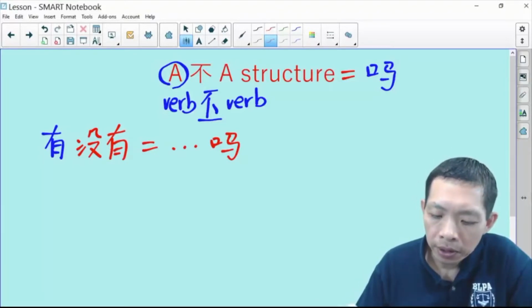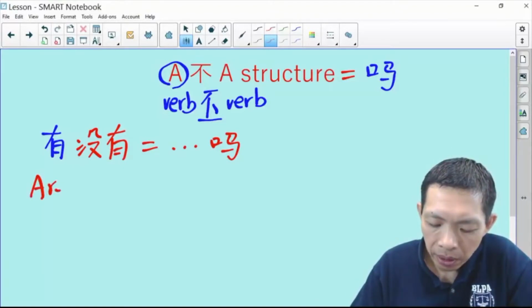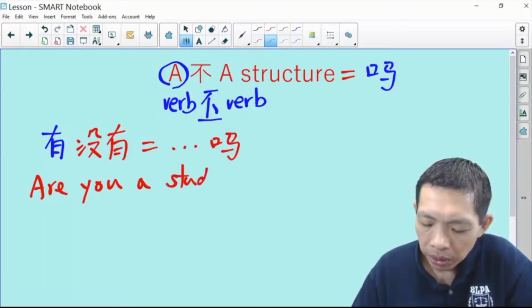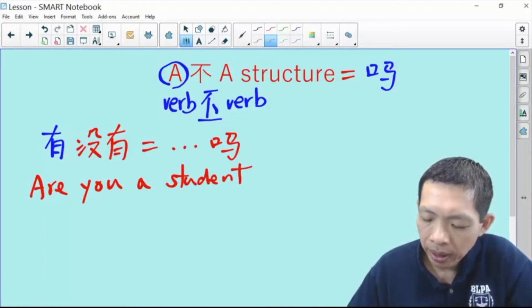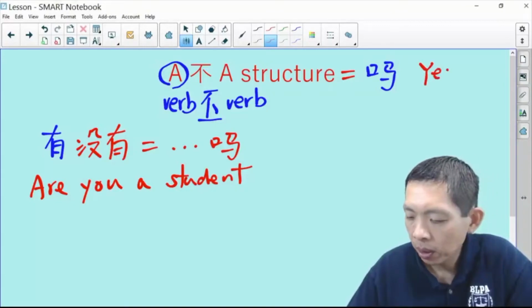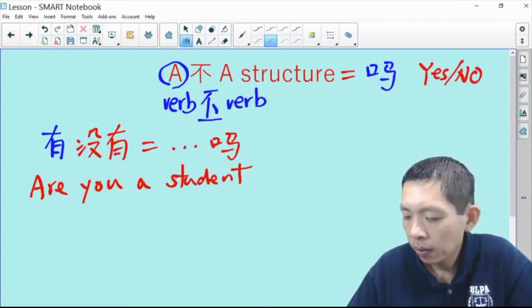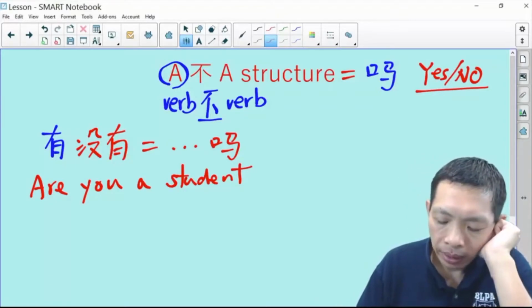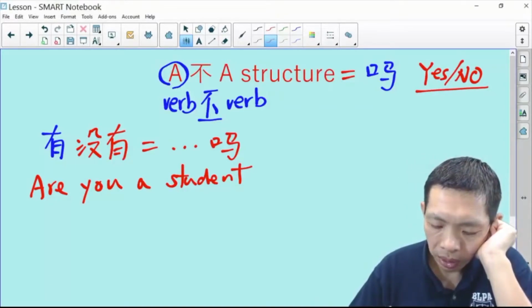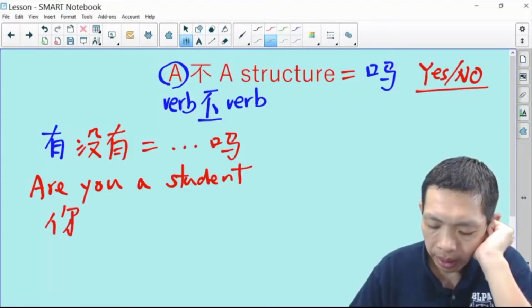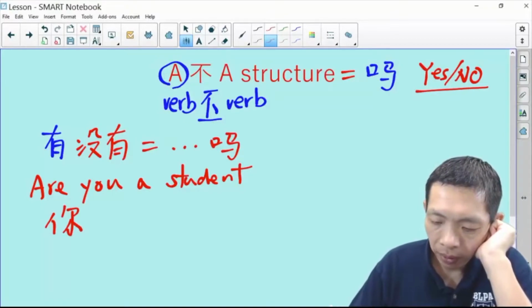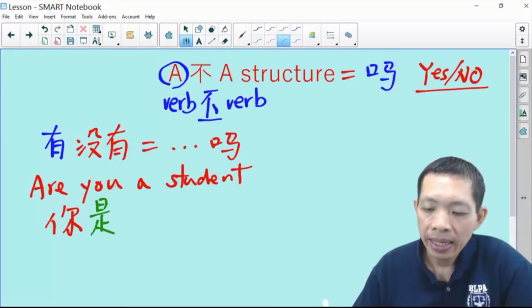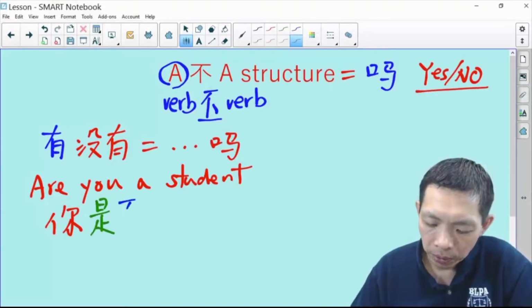Okay, so for example, if you want to say, are you a student? Now this is a yes no question. So are you a student? So you say 你, right? And what's the verb? 是. And negative? 不是.